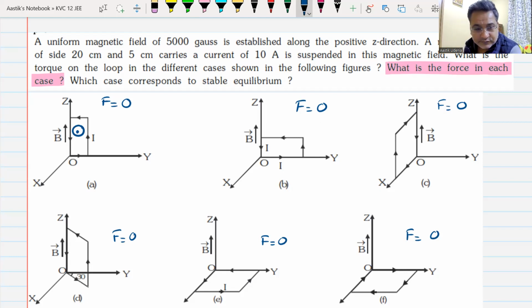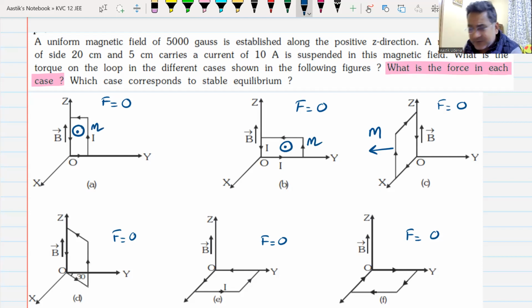Yes or no? Here also the direction of the magnetic dipole moment is outside. This loop is kept in the ZX plane, loop number 3. If I turn my finger, the direction of the magnetic dipole moment is in this direction.